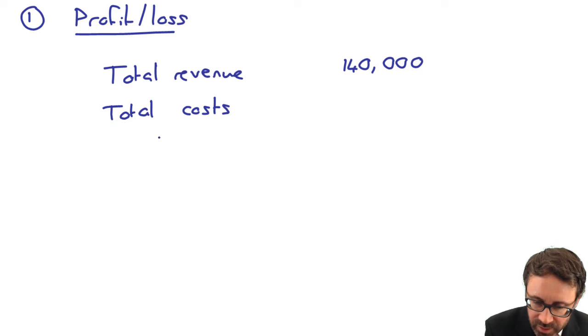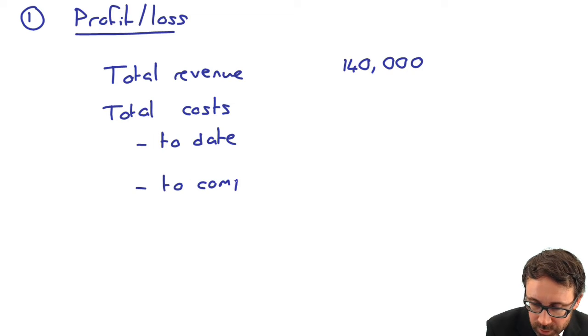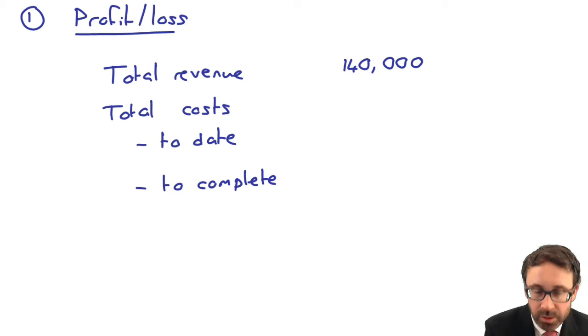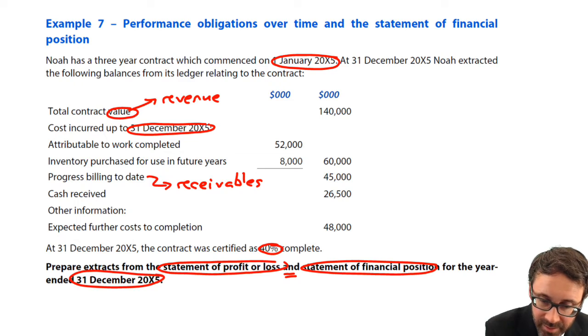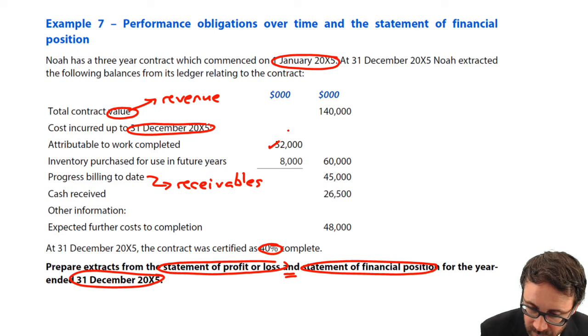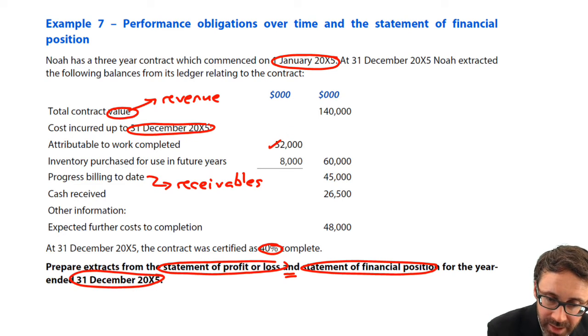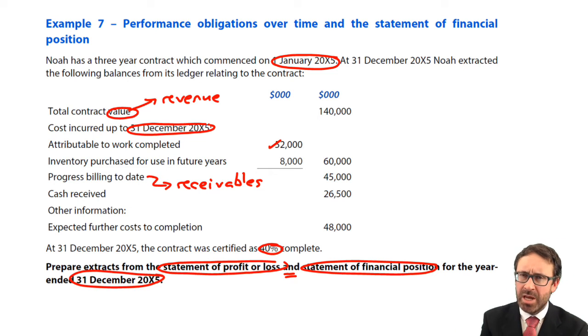So what we've seen previously is that we've seen our total costs to date and our total costs to complete. So our costs to date are there at 52,000. So effectively, that is what's been attributable to the work completed. They are the costs that we've incurred this year that relate to this year.